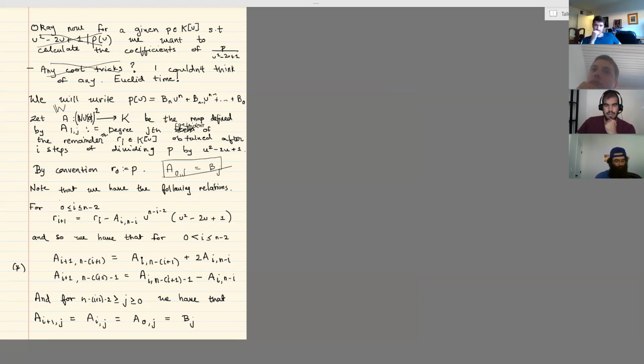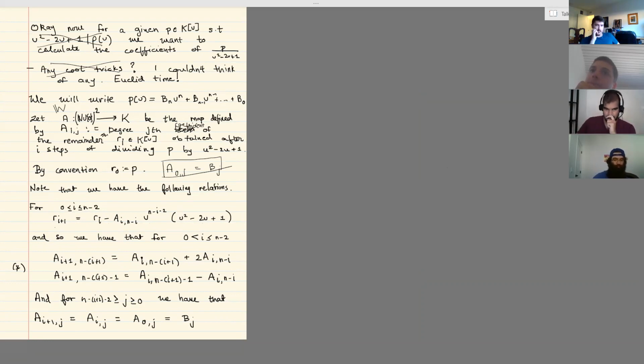So now we want to note that while performing Euclidean division, we have some relations. And this is probably the most important one. I guess the trick over here is that you're fixing the polynomial you're dividing by. So there's actually a fixed algorithm for dividing any polynomial by that particular polynomial.